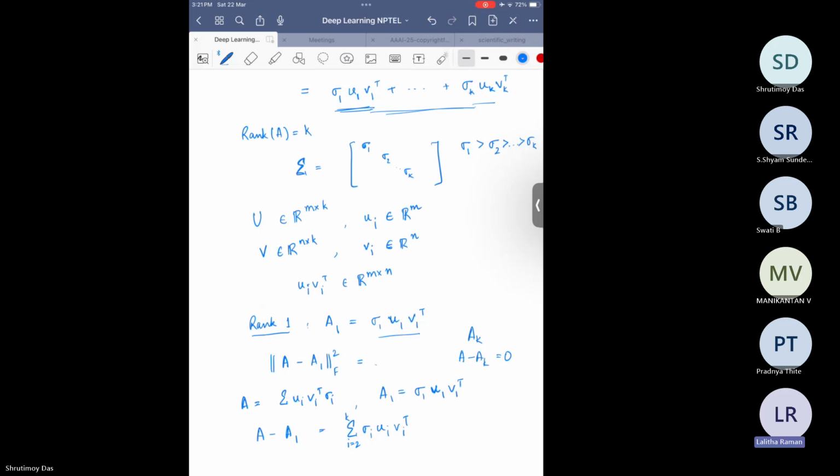And in our example, when we were constructing this co-occurrence matrix, if you can go to that slide where the distributed representation was first explained.